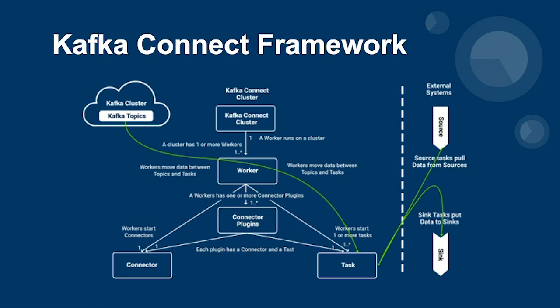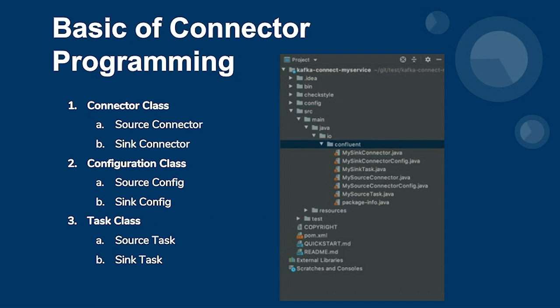Oh, great. Finally, some code-related stuff. To implement a connector, we have to mainly implement the following three classes: the connector class, the configuration class, and the task class. Depending on the connector, whether it's the source or sink connector, the implementation will change accordingly.